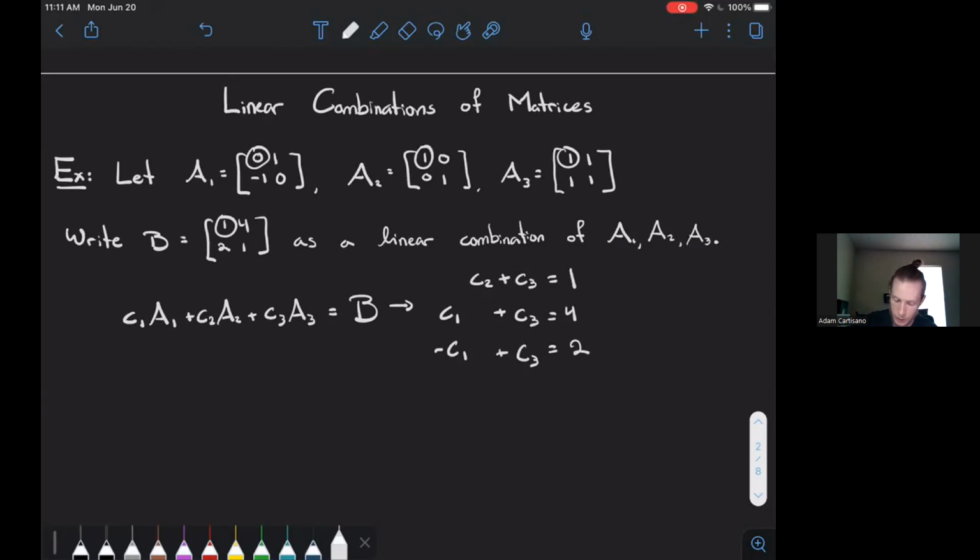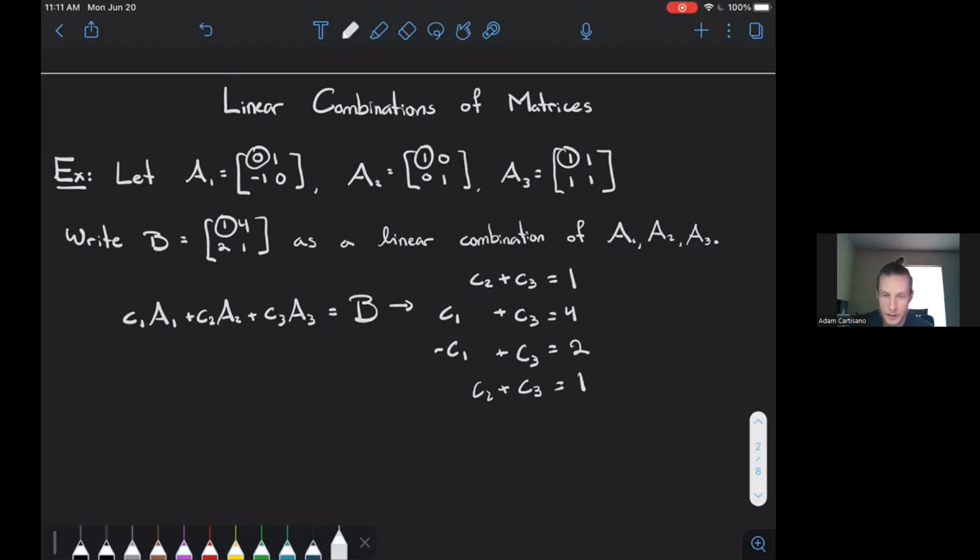And then the last one, I want 0 C1 plus 1 C2 plus 1 C3 to be equal to the bottom right entry of B, so 1. Look at that, it's a system of linear equations.